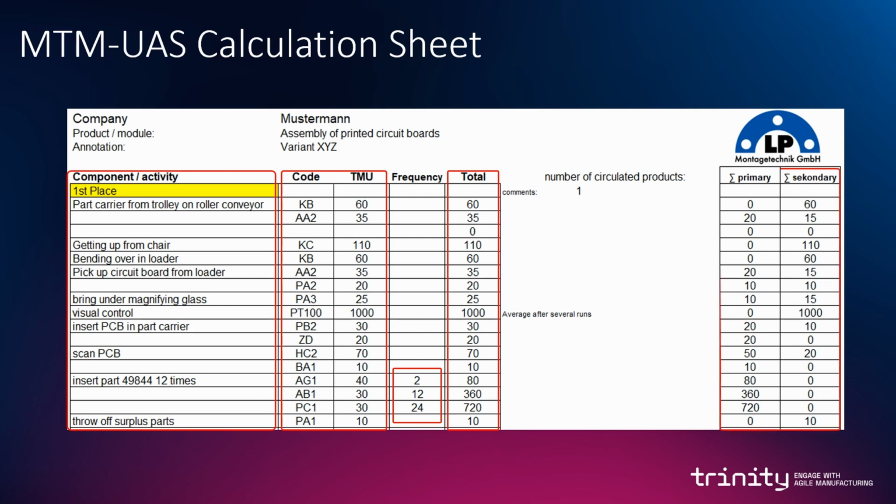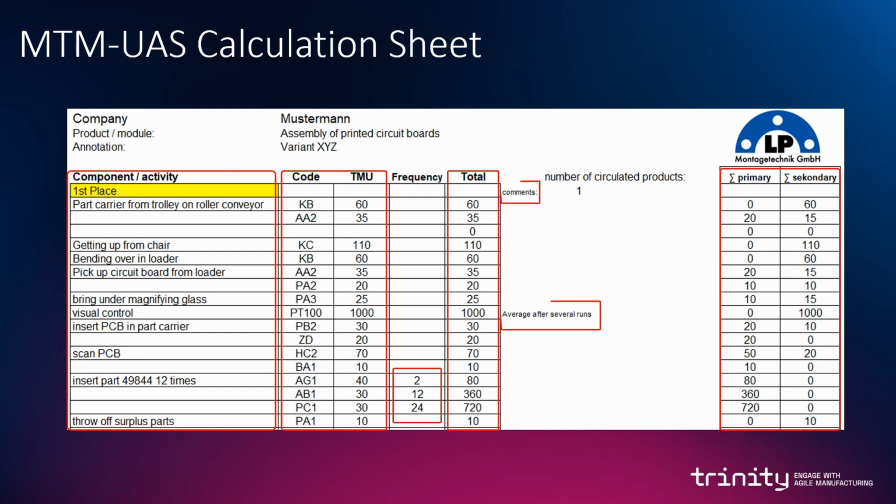The two rightmost columns automatically calculate the split of the value from column 4 on the left into primary, that means value added, and secondary, non-value added effort. This works very well with smaller products. With larger products, with of course some larger components, it may be that one or another value has to be readjusted manually.